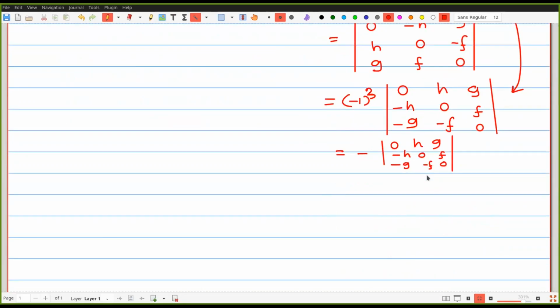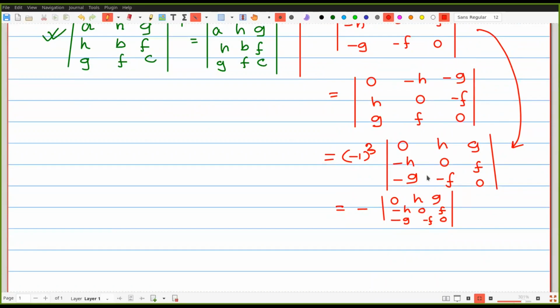Now, if we want to give an example with numbers, for the symmetric one, that is 2, minus 6, 0, minus 6, 5, 1, 0, 1, 9. If we transpose it, we get the same. So that is a symmetric determinant.